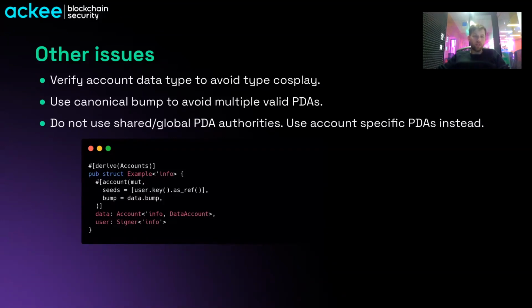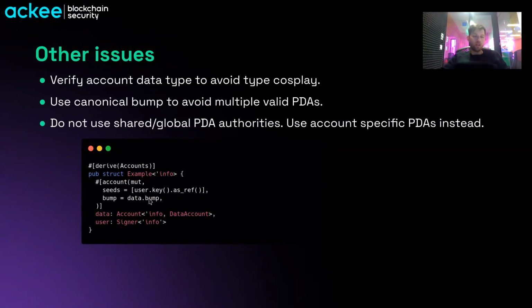So there is a best practice that only the canonical, so that means the first or the highest bump number, should be used to avoid having multiple valid PDAs. And the way how you can do it is that you should basically use Anchor in the standard way, that you will either leave the bump here empty, so therefore Anchor will calculate it for you, and Anchor takes every time the canonical bump.